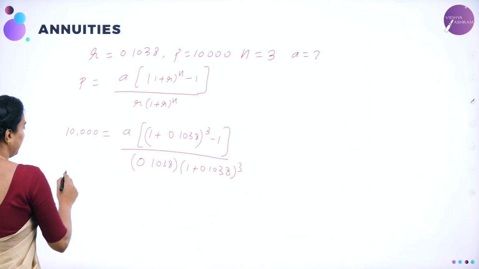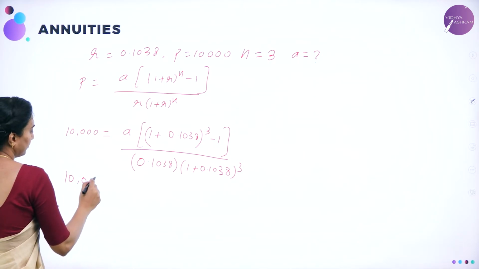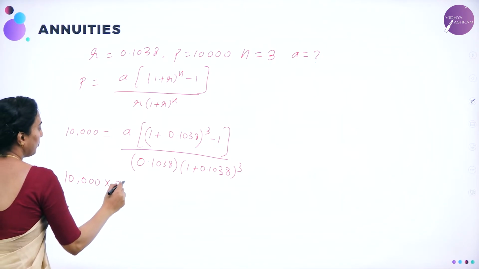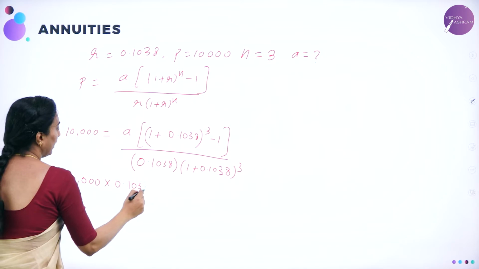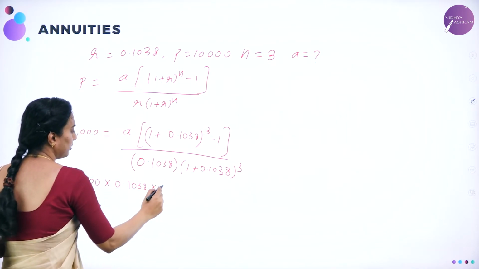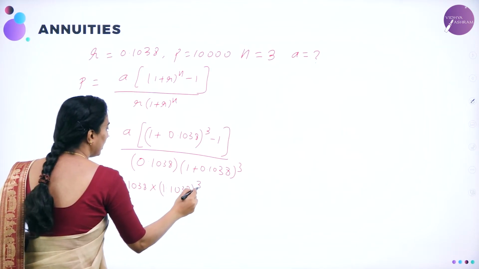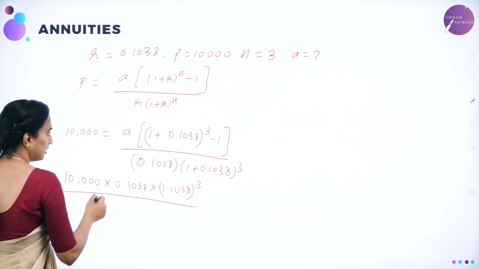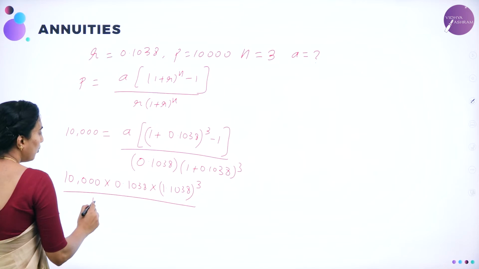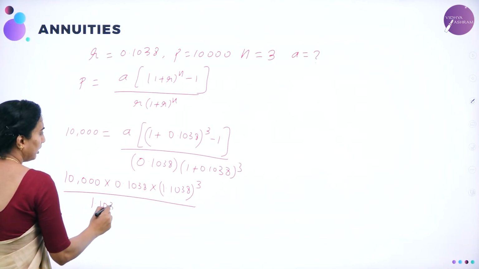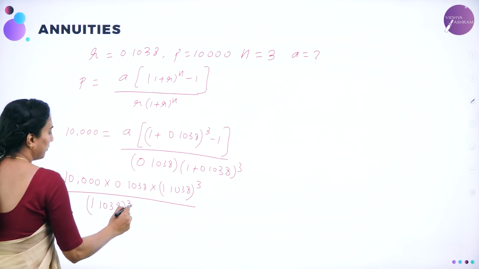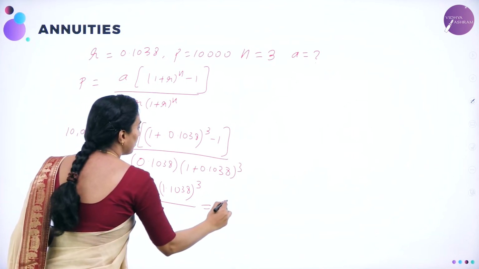Now here cross multiplication, 10,000 into 0.1038 into, adding 1 to here, 1.1038 to the power of 3, divided by, taking this to here, 1.1038 to the power of 3 minus 1, which will be equal to A.